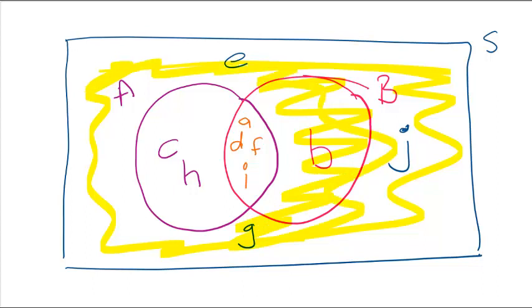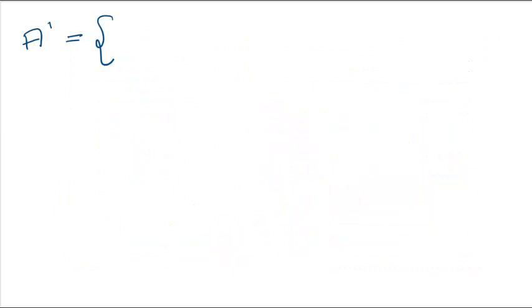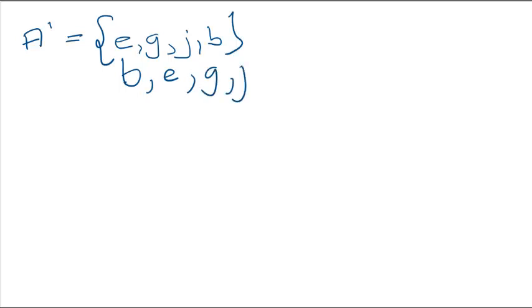So not A is going to be E, G, J, B. Let's write that down. E, G, J, B. Okay, I did it in not alphabetical order, so it obviously would be better if I wrote it as B, E, G, J. Okay, so this is not A.